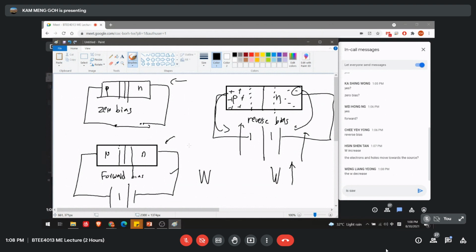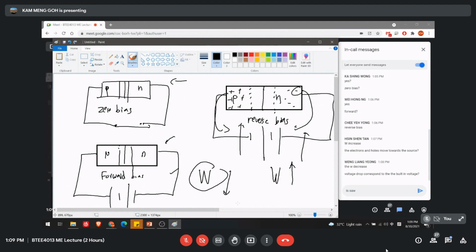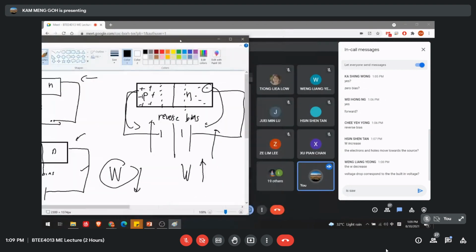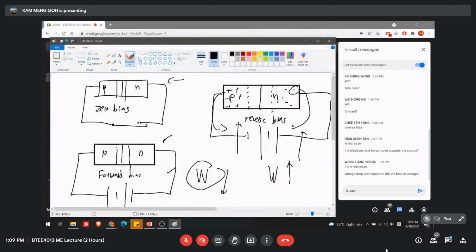Voltage corresponding to the built-in voltage. I won't say it's the correct one. We are saying why the width will decrease. I won't say it's the correct answer, even though it's a good answer. What do you think? Why do you think the width will decrease?